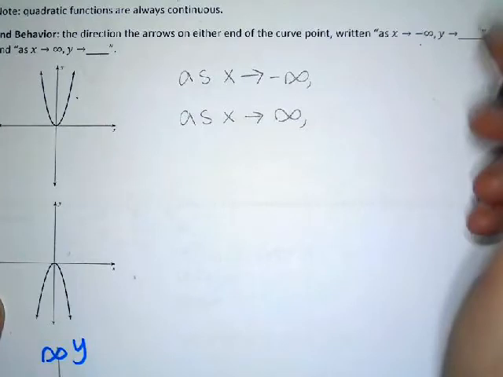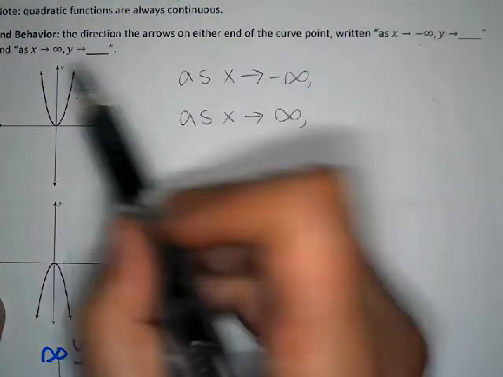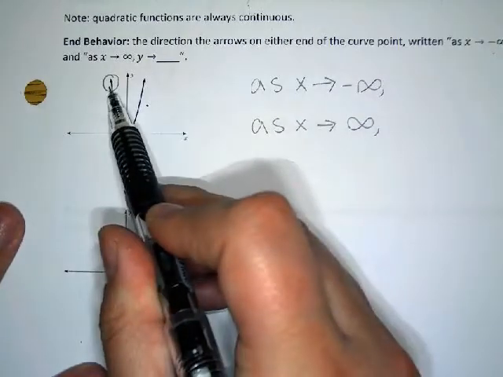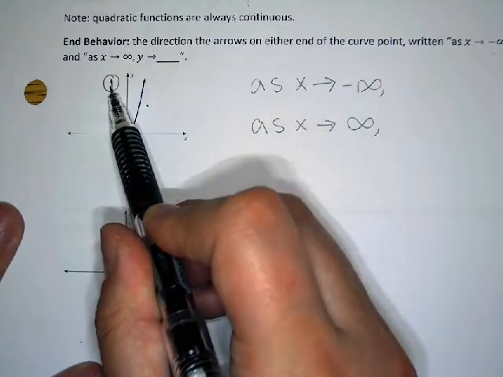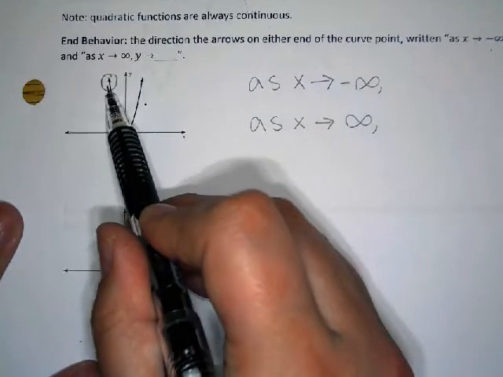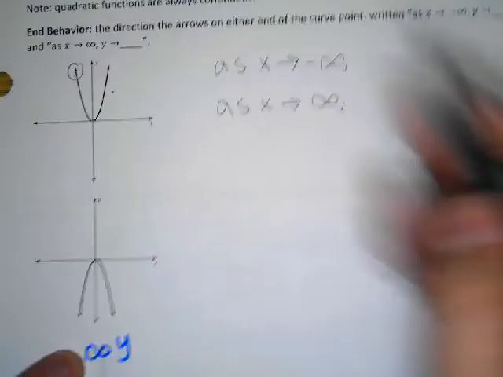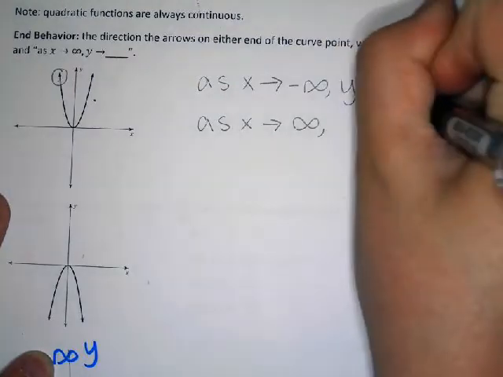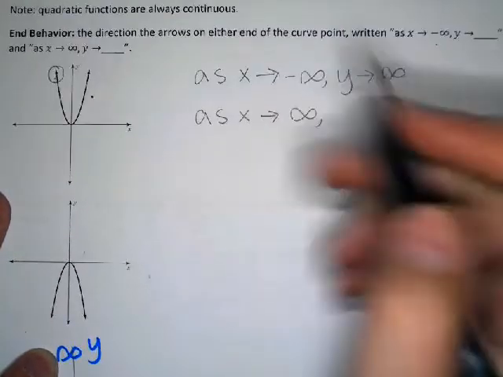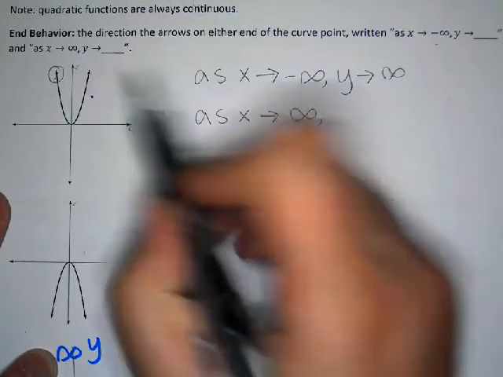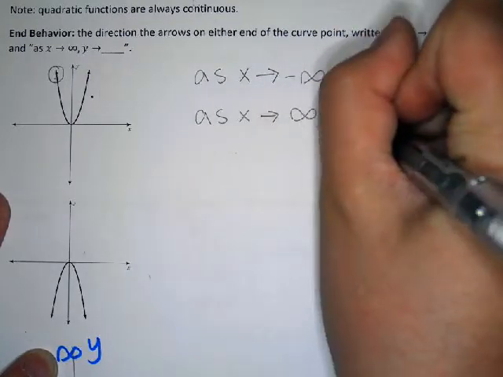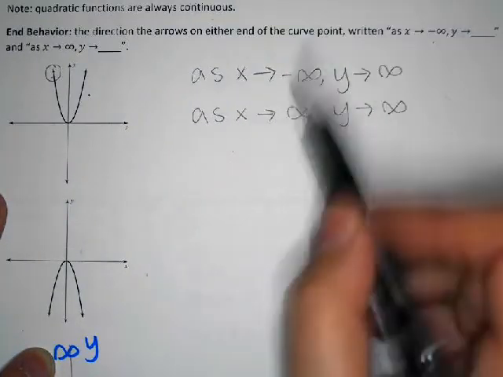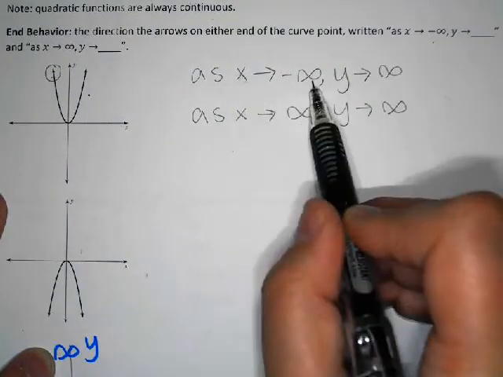So when I look at the left arrow, I can see that the left arrow is pointing up. So if I want to say that it's pointing up, I'm going to say y goes to positive infinity. The right arrow is also pointing up, and so I'm going to say positive infinity for that one as well. So this literally says the left arrow points up, the right arrow points up.